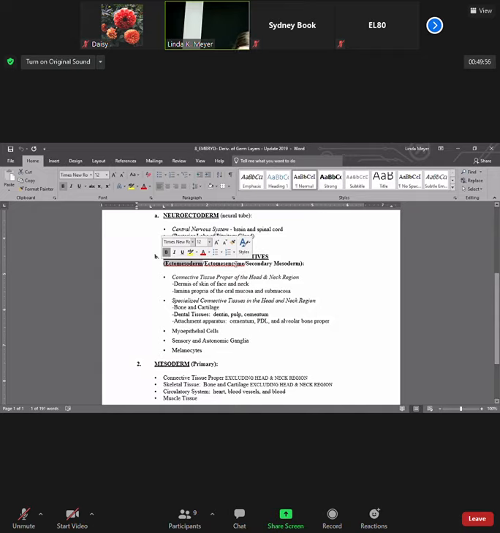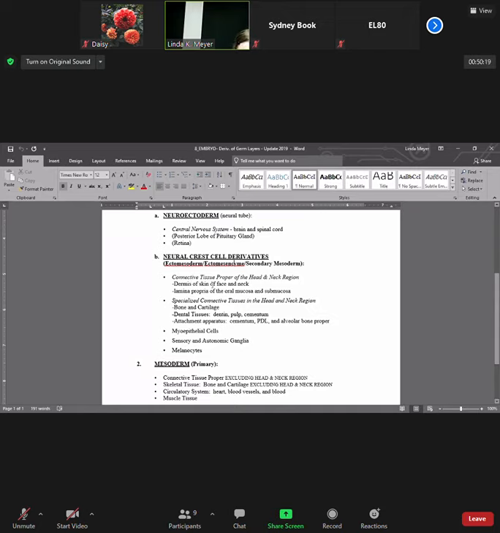It should be an H in there after the C, the ectomesenchyme, that means embryonic connective tissue. So in the head and neck area, everything that's a connective tissue comes from the ectomesoderm.